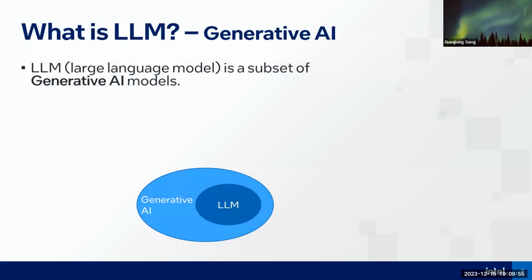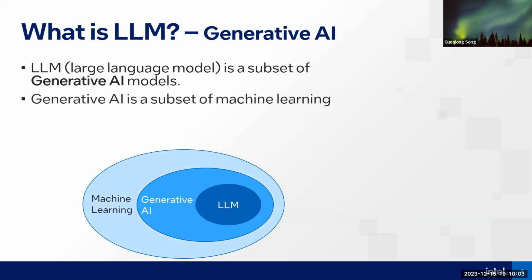Then we want to see what a large language model is. It's a part of generative AI. So what is generative AI? It's a subset of machine learning. So what is machine learning? Machine learning is when you have some data, you do statistical learning, and get the pattern.